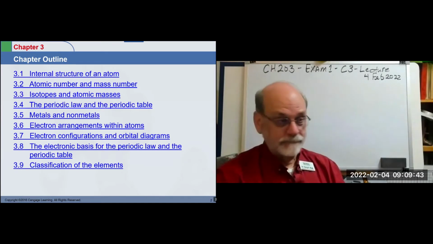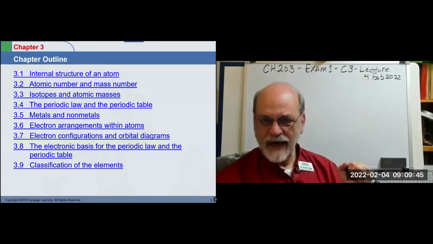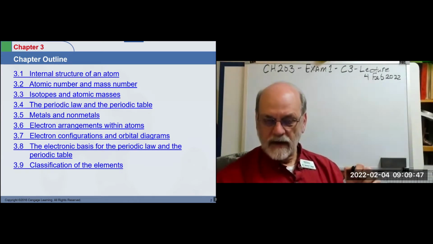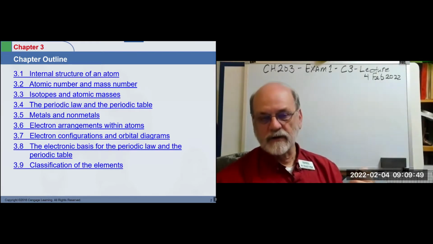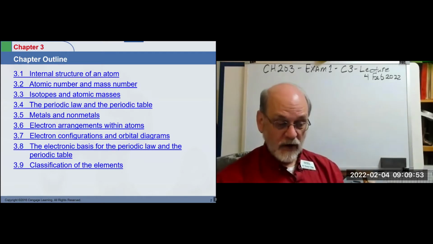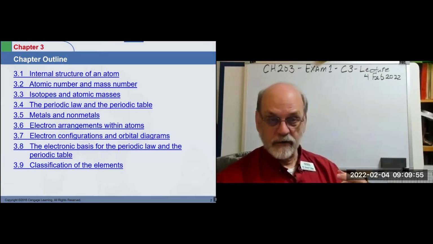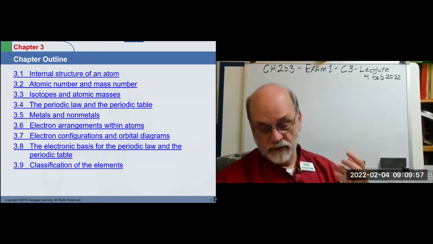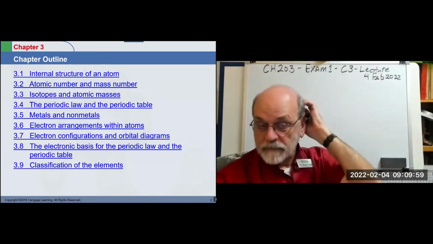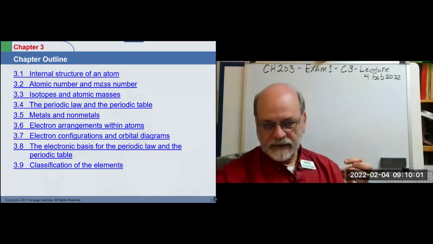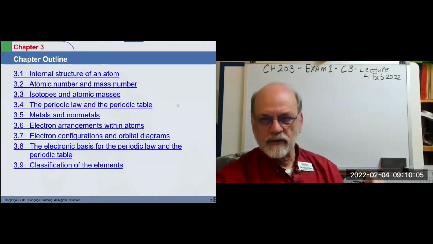But we now know that the atom has subatomic particles, and the number and arrangement of those particles determines chemical behavior. So we're sort of forced to go that way. Rather than stop here for too long, let's just move on.